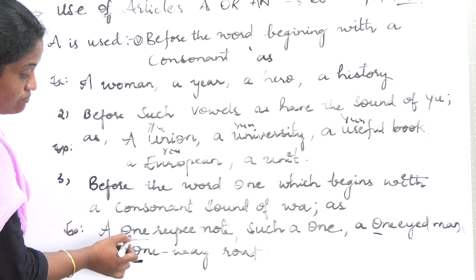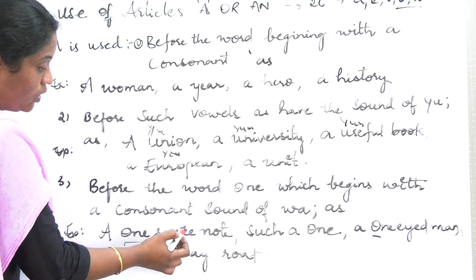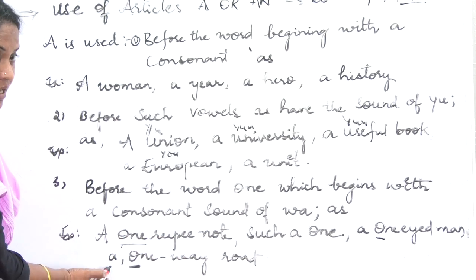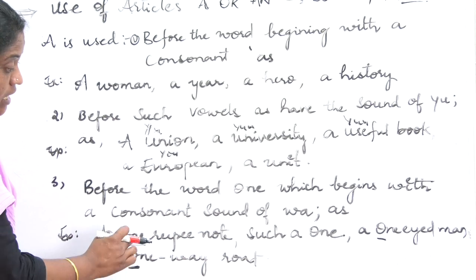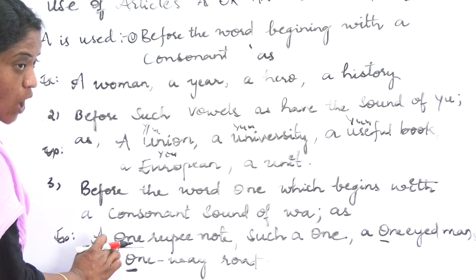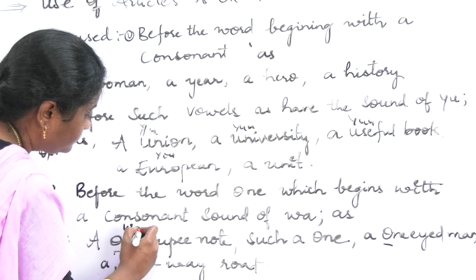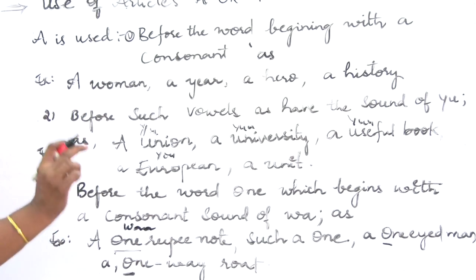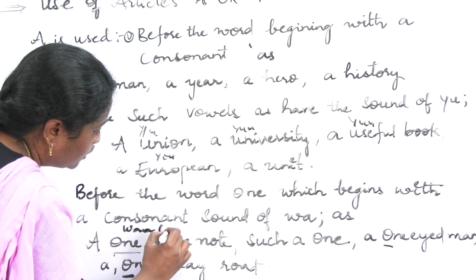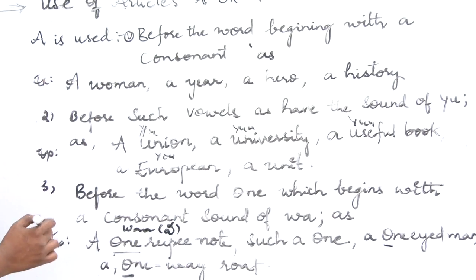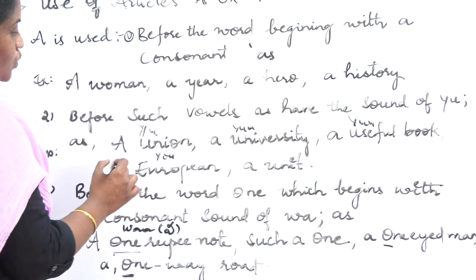Though the word begins with O, still we are using the article a, because in one rupee note the sound is a W sound. I am writing in Telugu.